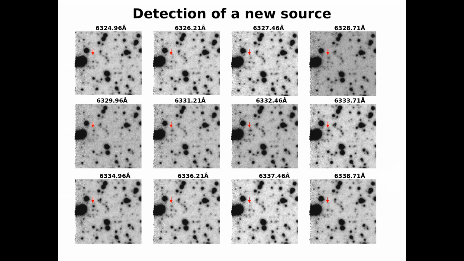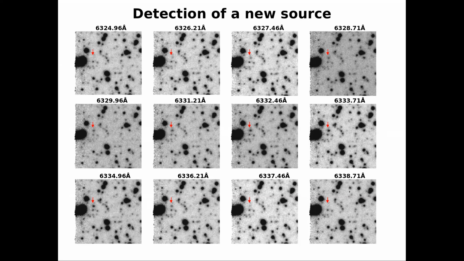So I show here 12 different consecutive wavelength slices of the data cube. Below this red arrow, if you follow it through the images, you will see in the beginning there is nothing, then you start seeing some point, and then it disappears again.